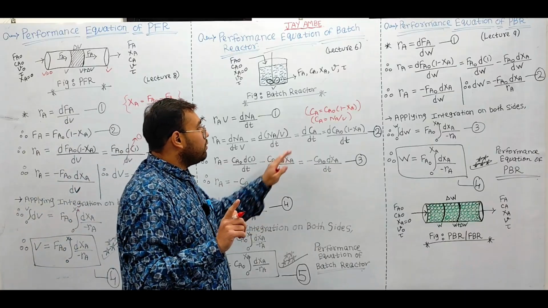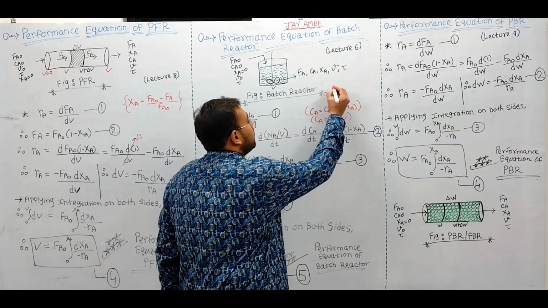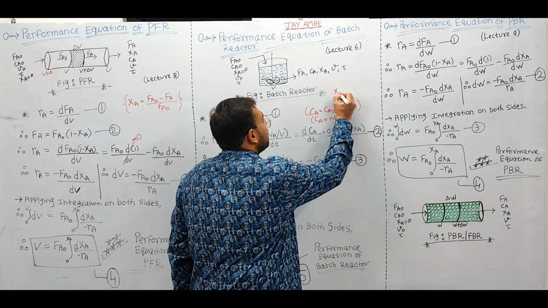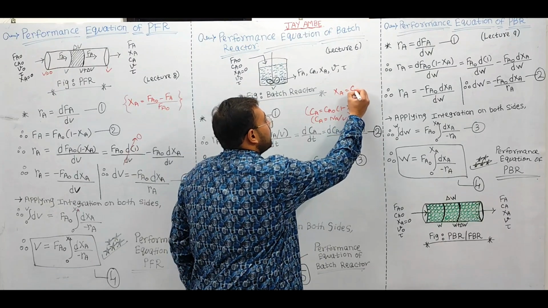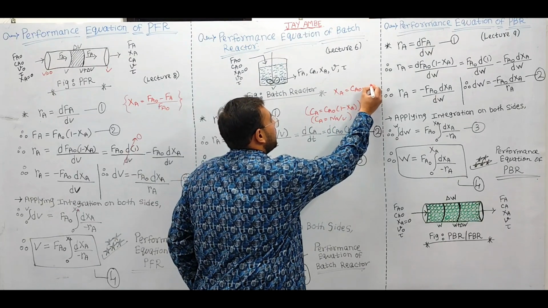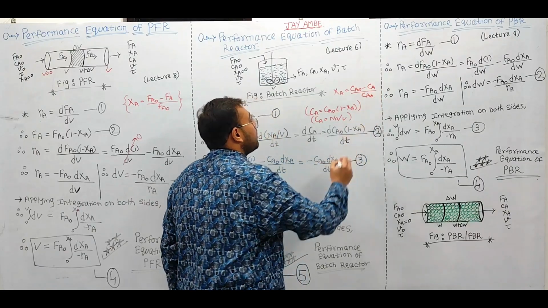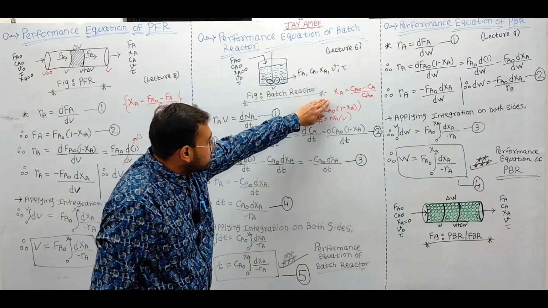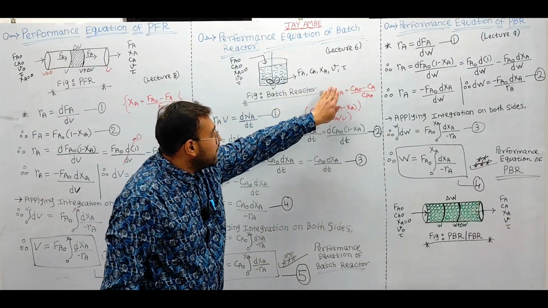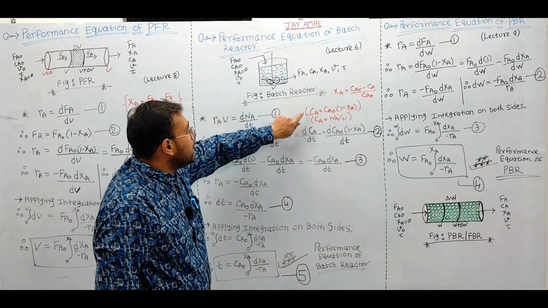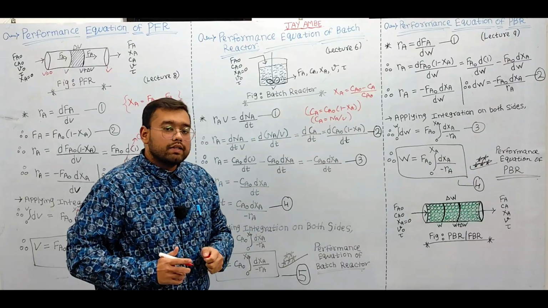I hope you have understood. Here we can write Xa in terms of Ca naught minus Ca upon Ca naught, right? So by using this concept, we can rearrange this equation, and finally we get Ca is equal to Ca naught into 1 minus Xa.